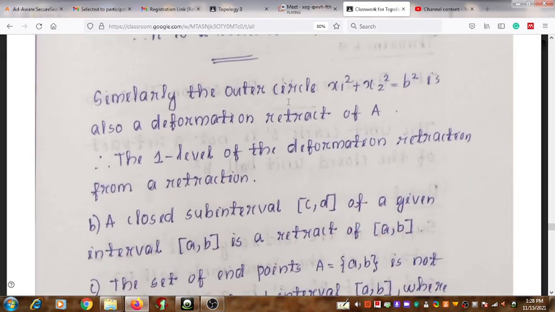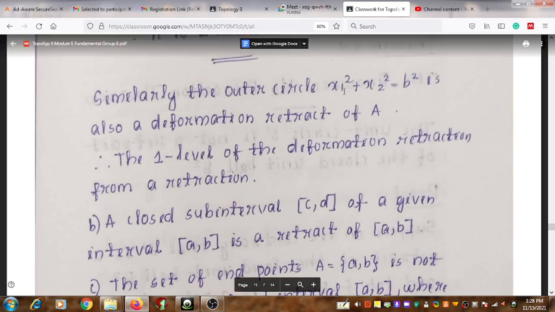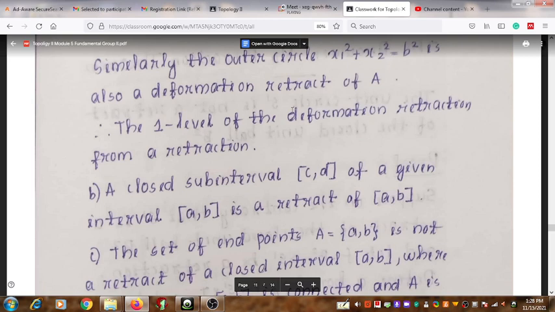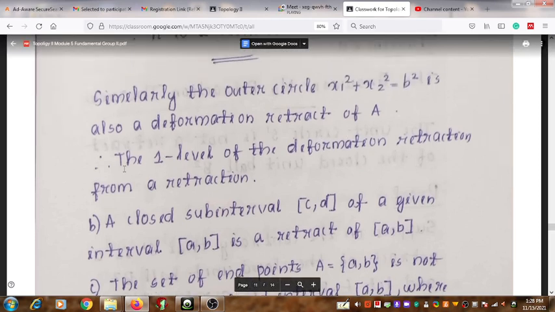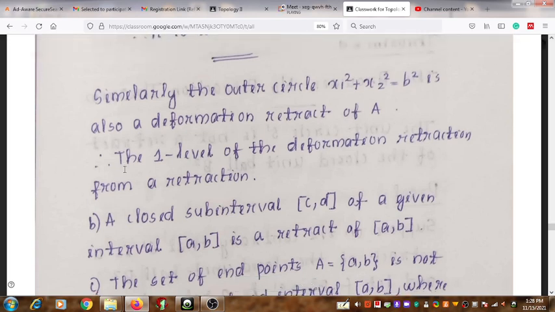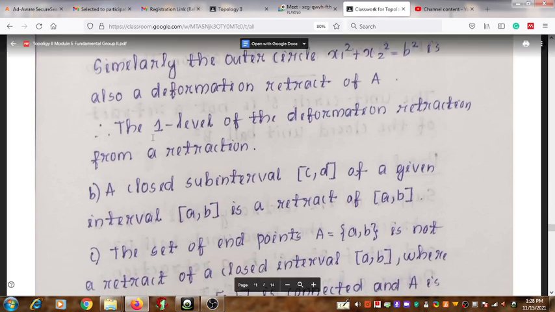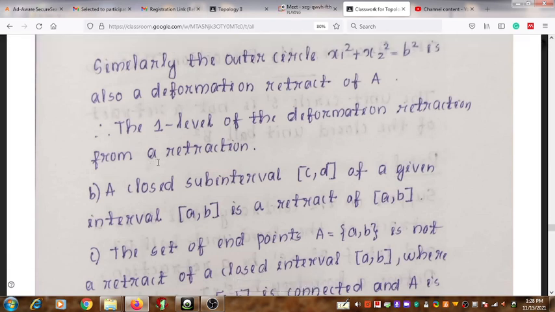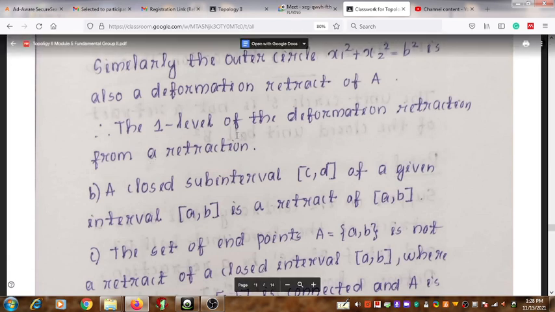Similarly, for the outer circle, x1 squared plus x2 squared equal to b squared is also a deformation retract of A. In a similar way, we can prove that. Therefore, the level 1 of the deformation retraction forms a retraction.